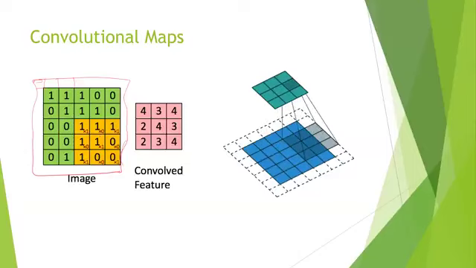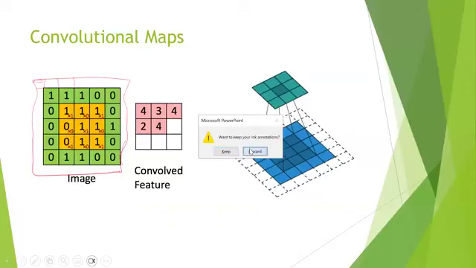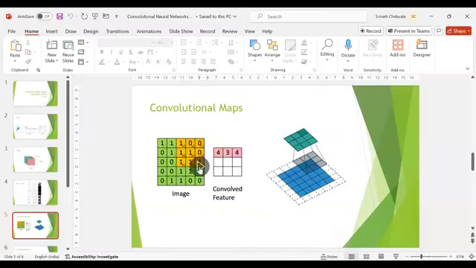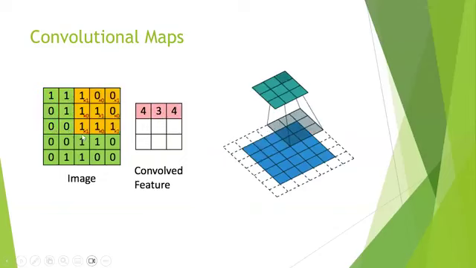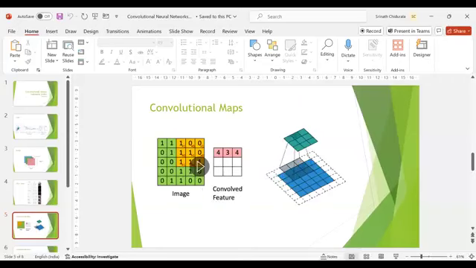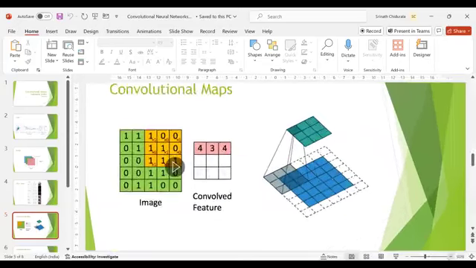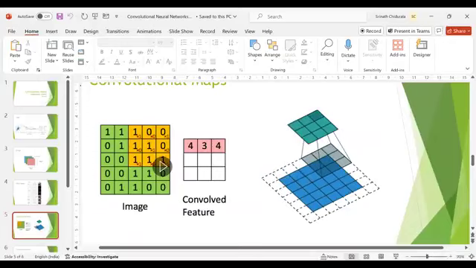Now, how is this calculation happening? It is a simple calculation. So let me stop it here. Here the red colors are like filter maps.